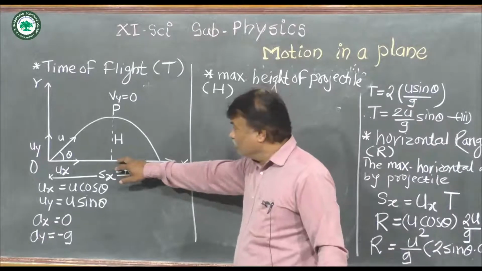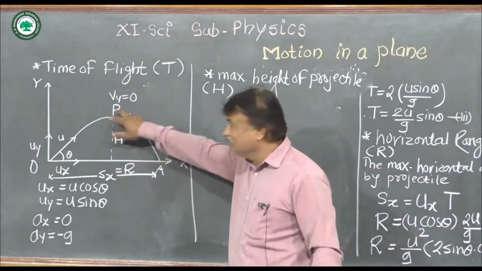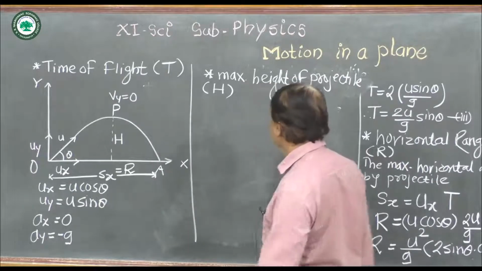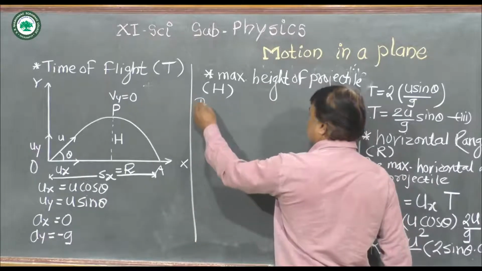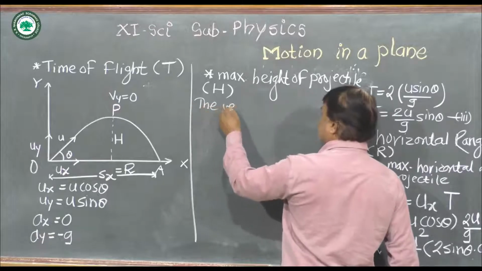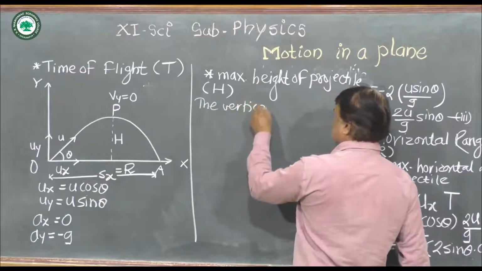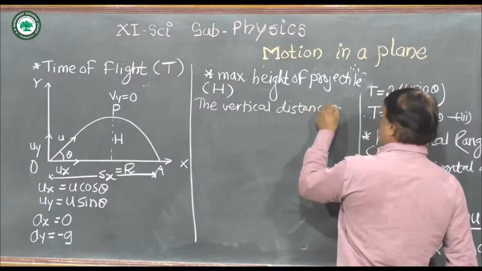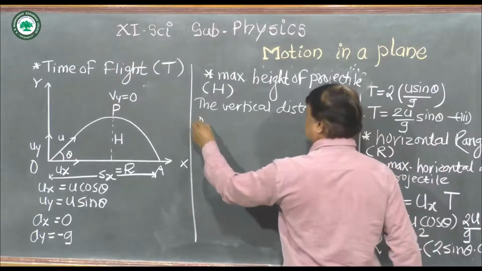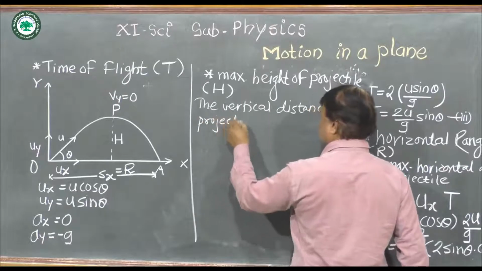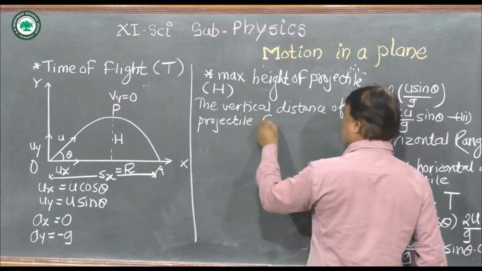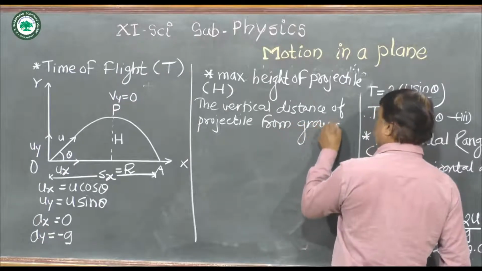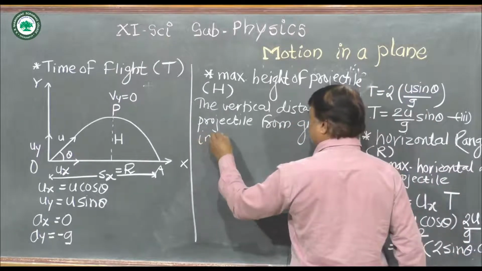Maximum height of a projectile. So from this diagram, it is the vertical distance from the ground surface, and therefore we can say that the vertical distance of projectile from ground surface in time t0.